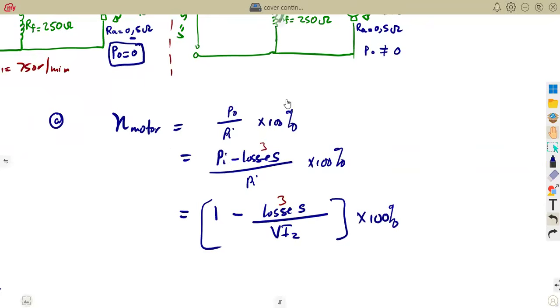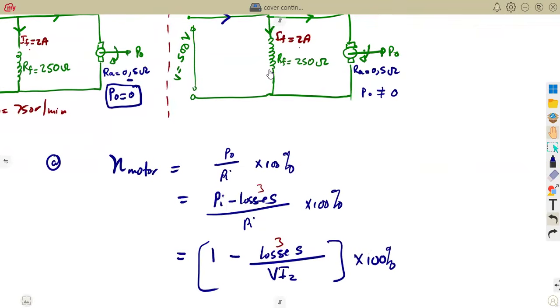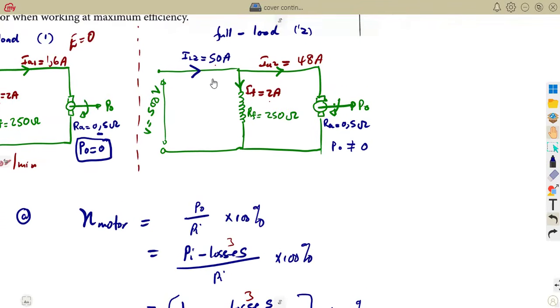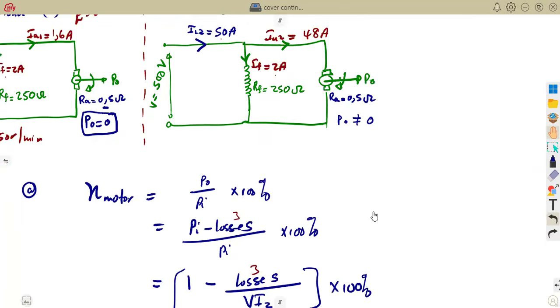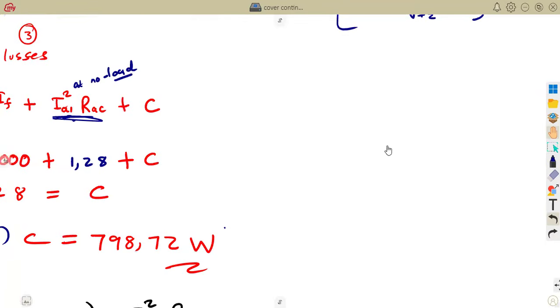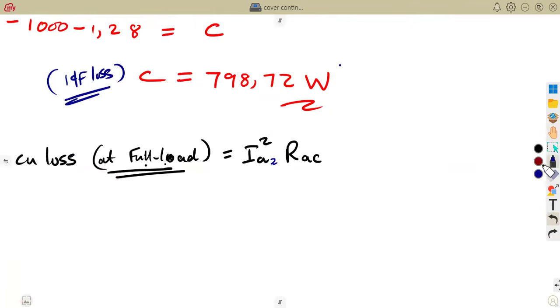Remember from your diagram, you calculated this when we were filling in our diagrams from the relationship of load current and field current. It gave us 48 amps. So we have that one. The resistance of the armature circuit, we have it, 0.5. So that was going to give us the armature copper loss at full load. Let's just substitute, guys. It's direct.